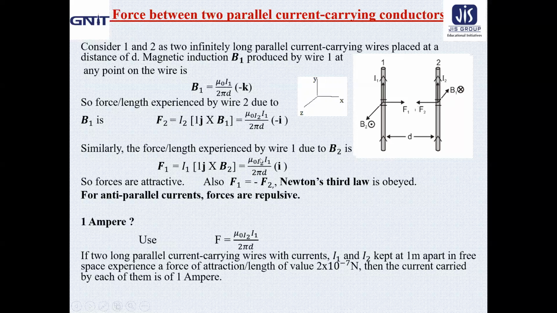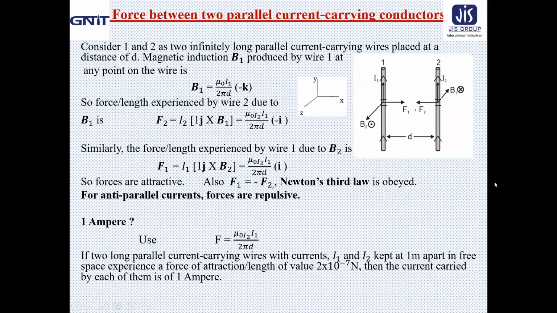The expression will be exactly the same, only it will be plus i, because the direction was along positive Z. So in place of minus k in the expression of B2, we will have plus k. So what about the direction of F1? It will be along positive X. So it is attractive towards wire 2. So forces are attractive, and since F1 and F2 are equal and opposite, Newton's third law is obeyed here.